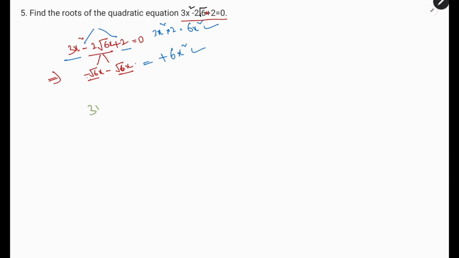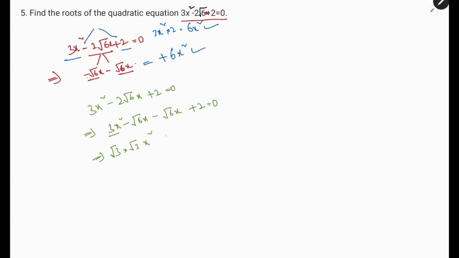So here both are same, so we will split this way. Here 3x square minus 2 root 6x plus 2 equal to 0. Here 3x square minus root 6x minus root 6x plus 2 equal to 0. Here 3 can be written as root 3 into root 3, right?